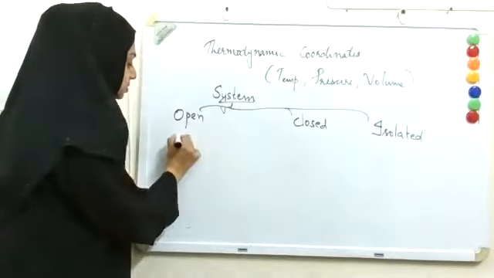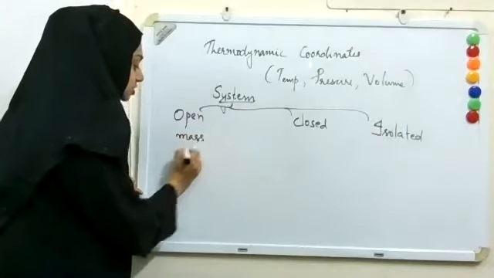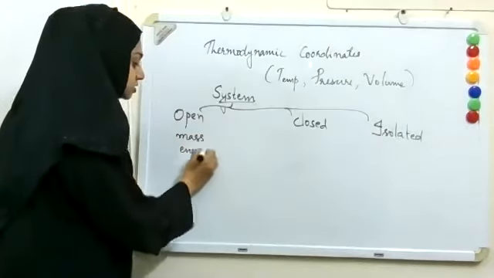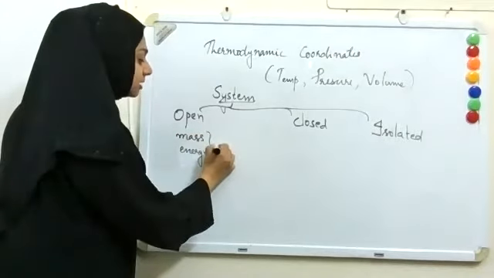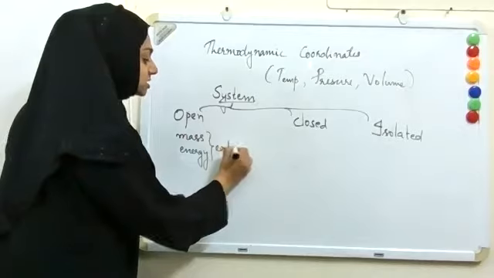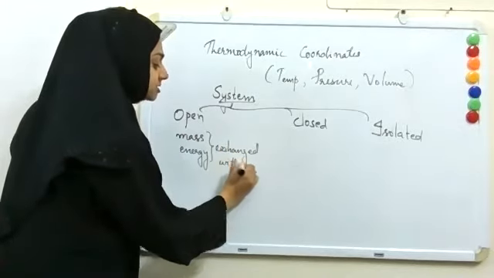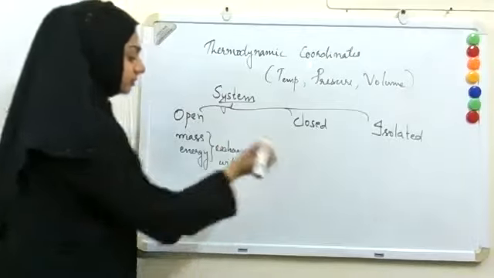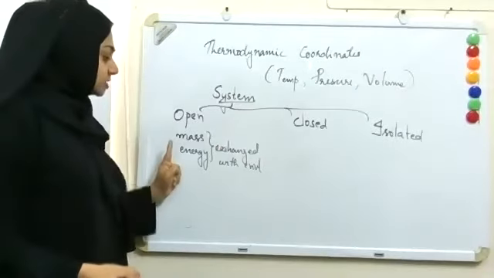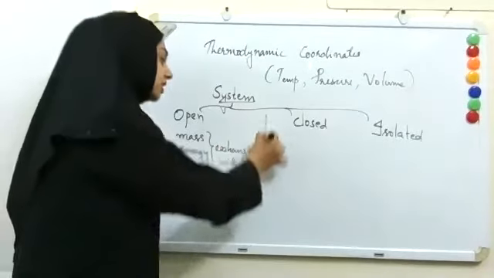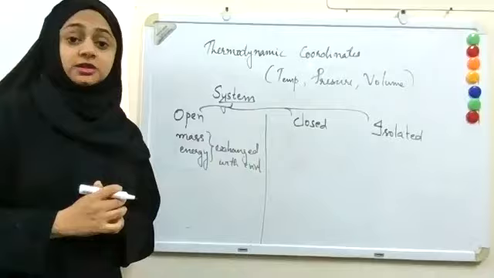So in an open system, mass is exchanged and energy is exchanged. Both of them are exchanged with the surroundings. So in an open system, both mass and energy are exchanged with the environment.